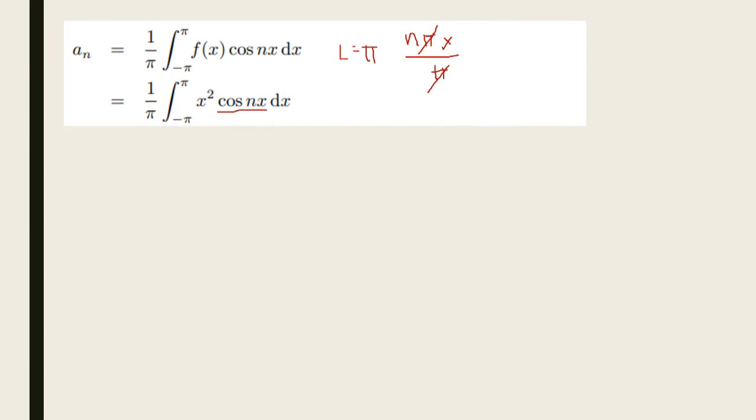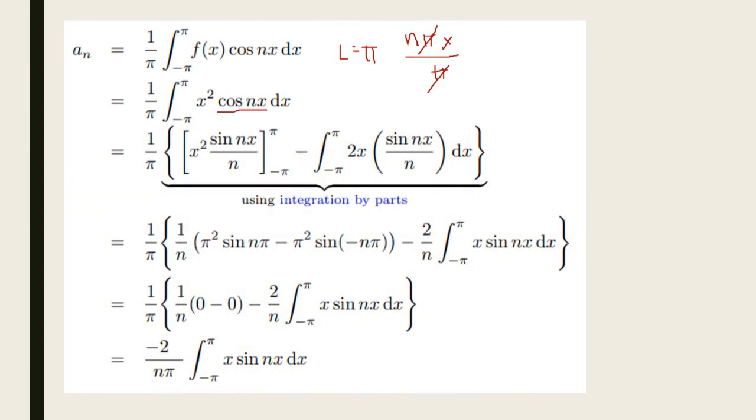Next, we integrate this by integration by parts. We get x squared sine nx over n, with the limits from negative pi to pi, minus the integral of 2x sine nx over n dx from negative pi to pi. Solving that, in the first term we apply the limits here.